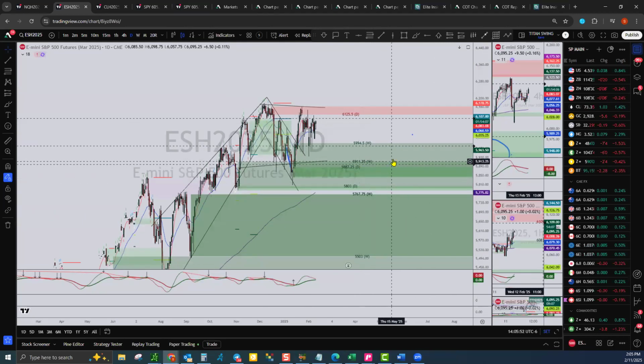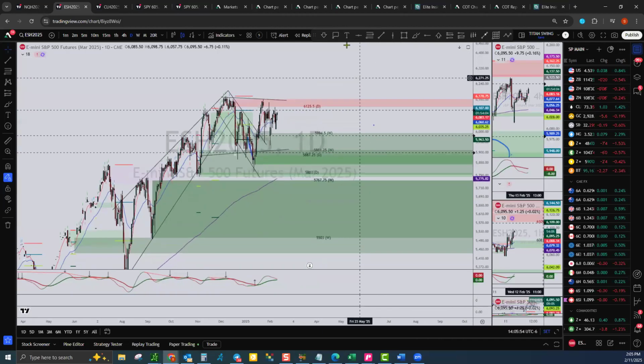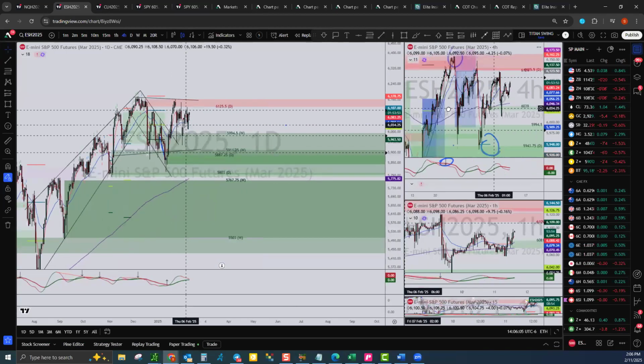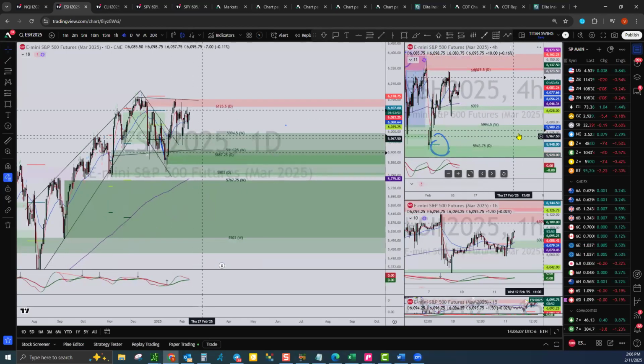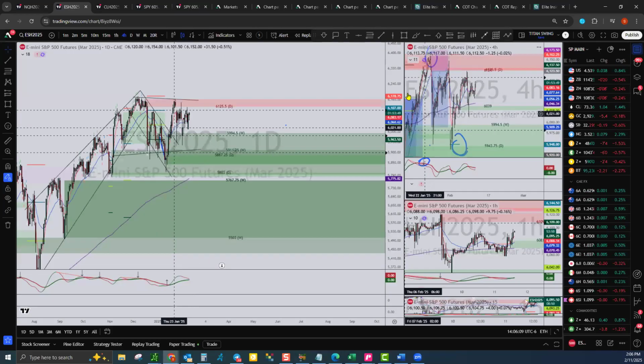I used to do all this by hand, with my little rectangle tool, drawing hundreds of zones. You can see these letters here, D for daily, W for weekly, and over here 240, which is the 4 hour, and so on.